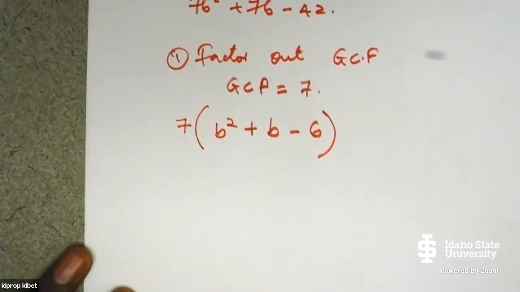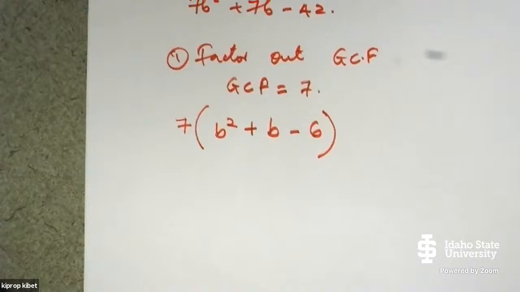Now, looking at that, step number 2: is the polynomial a binomial, a trinomial, or more than 3 terms? Is it more than 3 terms? No, so we cannot use grouping.